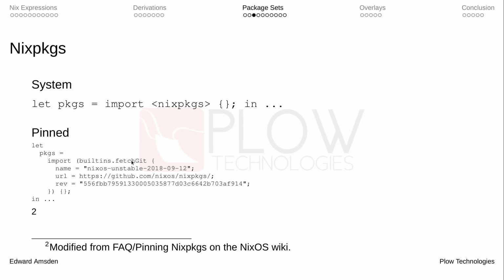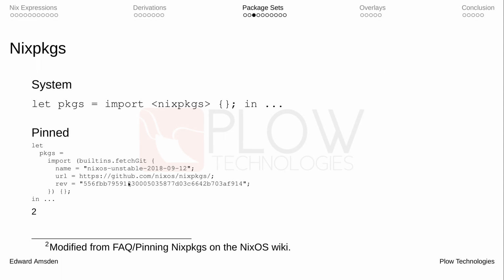What these will do, when they evaluate, is go grab whatever is specified by their arguments, put it in the Nix store, and then return the Nix store path. So we can import the file path that gets returned by fetchGit. That will be a path in the Nix store, and then again, pass the empty attribute set to it.